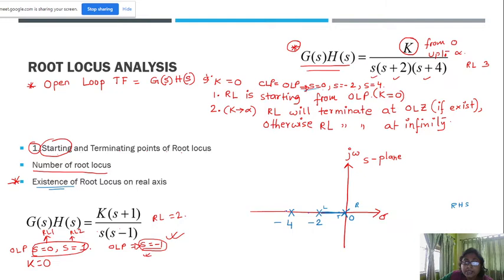Whereas if you take a test point over here, you will get 3 poles, and 3 is an odd number. So naturally this condition prevails after -4 up to -infinity. So entirely from -4 to -infinity, the root locus will definitely exist. Okay? Any confusion?